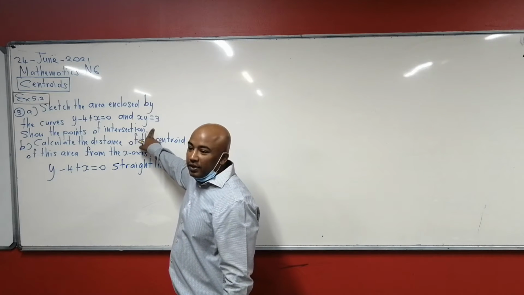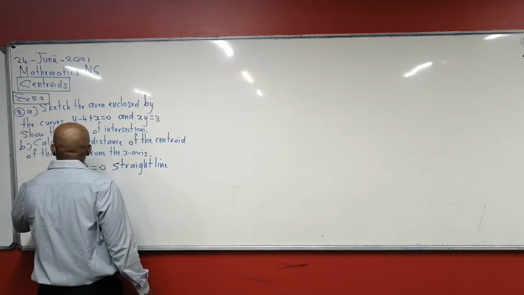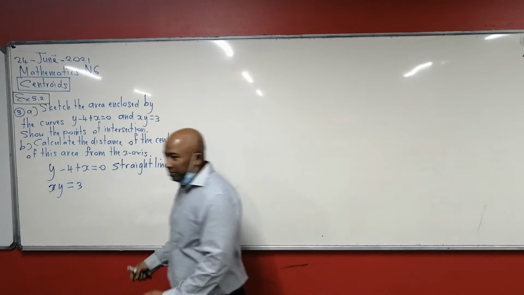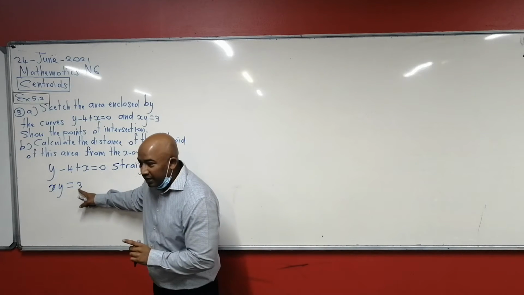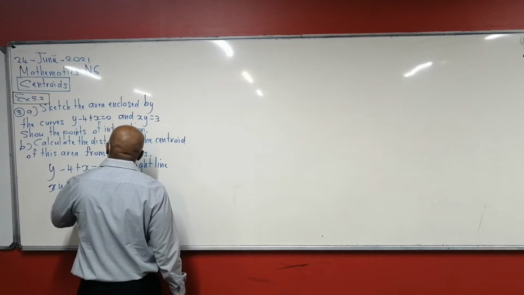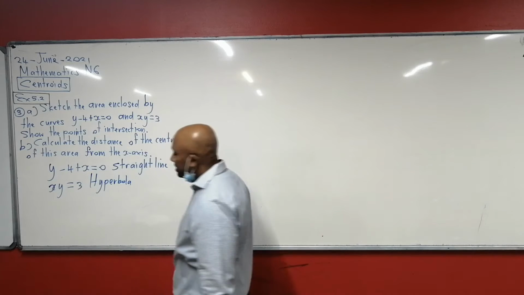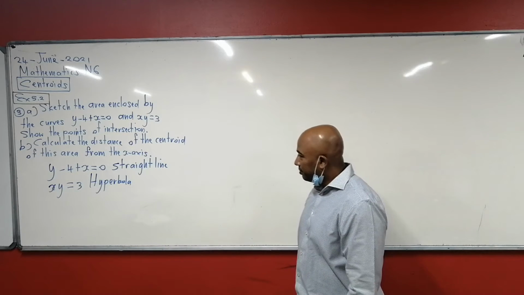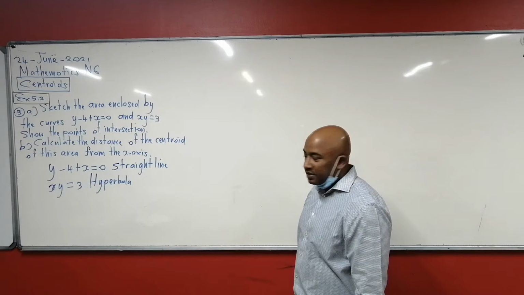And then xy is equal to 3. You should be familiar that if x is multiplied by y and it's equal to a number, then this is a hyperbola. So now let's sketch these graphs.